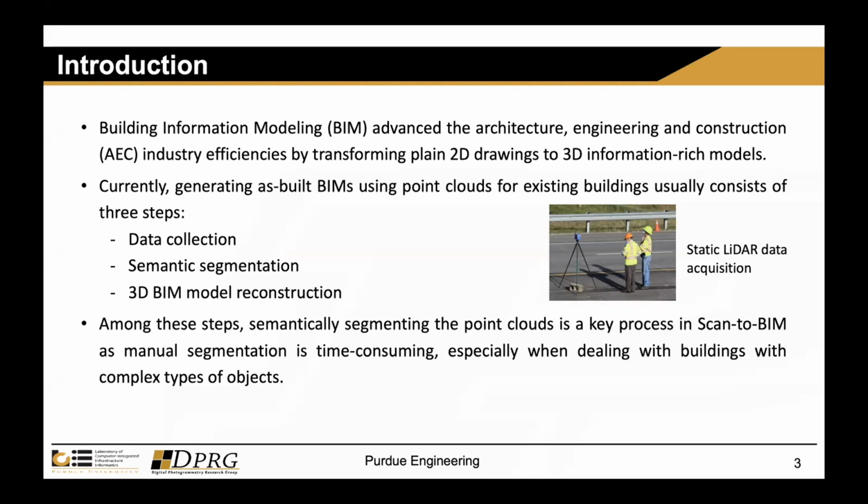Among those 3 steps, with our experience in the construction industry, we reckon that the automation of semantic segmentation is the most essential yet challenging task because it generally requires a large amount of time to manually segment the point clouds, and it's also an error-prone process.